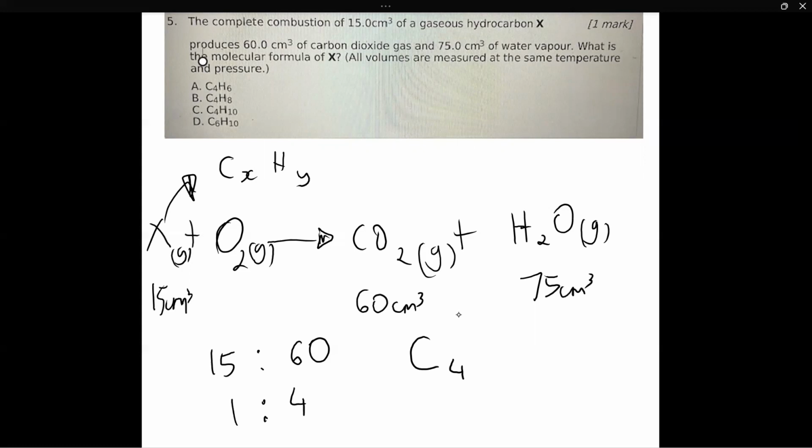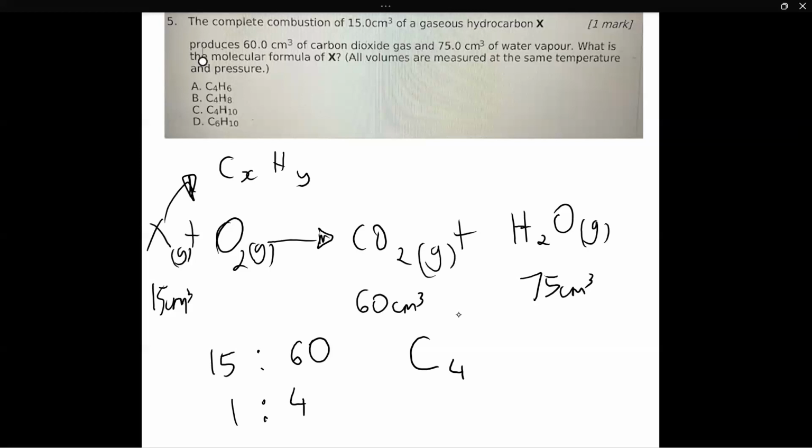Okay. Next part. How do you calculate the hydrogen? Because we have got one part, which is X. Now we need to get the next part, which is hydrogen. They've told us that you have 75 centimeters cubed of water, and water contains H2, which is basically hydrogen, right? 2 hydrogens.